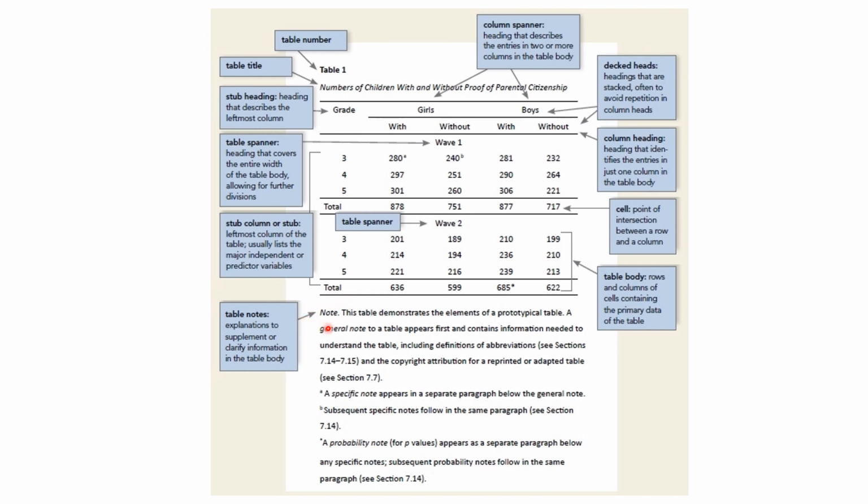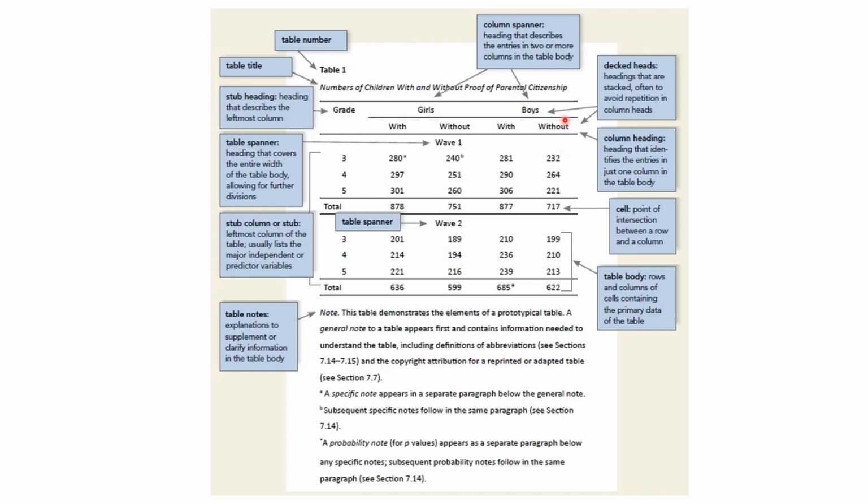This is an example of a note. Look at the example. It's an explanation to supplement or to clarify information in the table body. Note: this table demonstrates the elements of a prototypical table. A general note appears first and contains information needed to understand the table, including definitions of abbreviations.